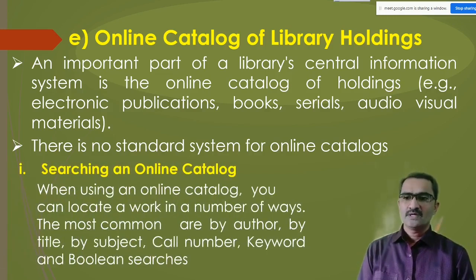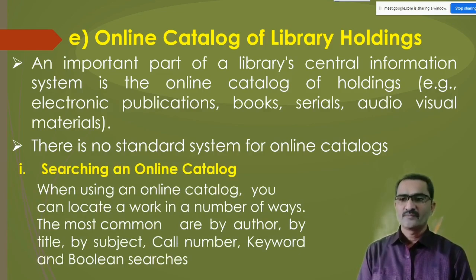Searching an online catalog. When using an online catalog, you can locate a work in a number of ways. The most common are by author, by title, by subject, by call number, by keywords, and by Boolean searches.